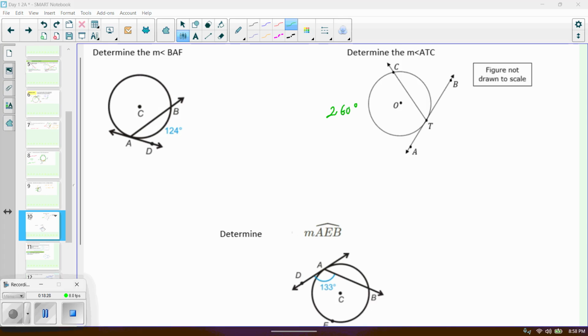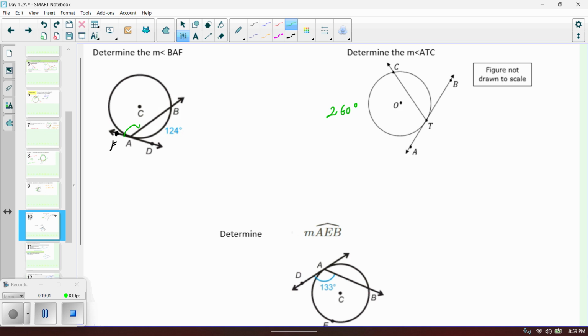Okay, if you've had a chance to give it a shot, let's see what we came up with. So they want, in the first one in the upper left here, the measure of angle BAF. Well, that's interesting, considering that there is no F. Maybe I should have added that in there too. Typos, apologies. We're going to put the F right there. So if you weren't sure about that one, apologies. We are looking for that angle right there.